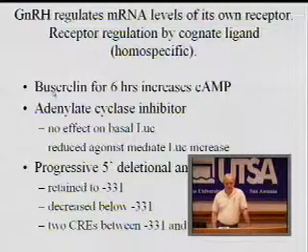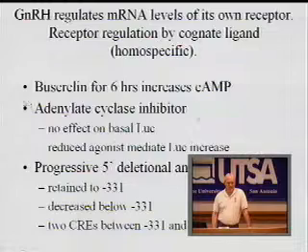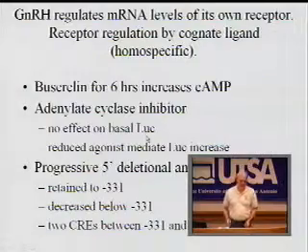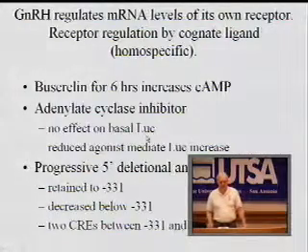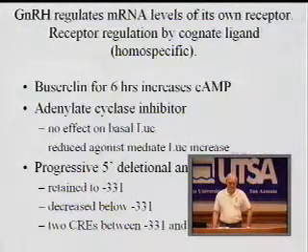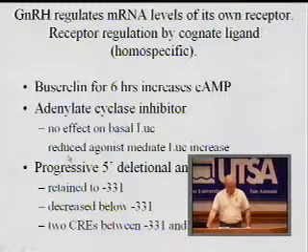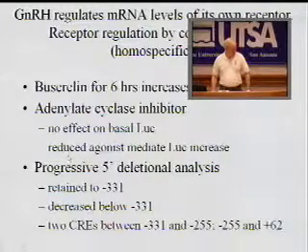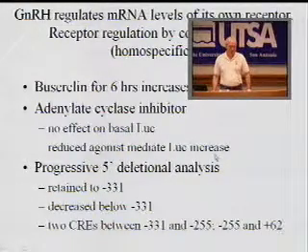Some of the concluding statements then, buserelin for 6 hours would increase the cyclic AMP. Adenylate cyclase inhibitors would have no effect on the basal expression of the reporter gene, and also reduced the agonist-mediated luciferase increase.